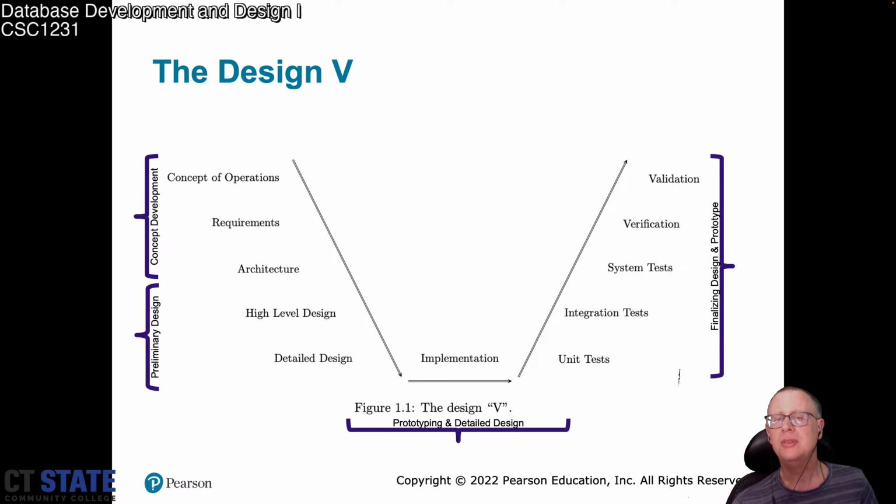Requirements are usually English language explanations of what we're trying to do. And then we might choose the architecture. We might then do a high level design, then a detailed design, then we implement it. Once we think we're starting to finish implementation, we can start testing, and once we start testing, we can work our way up this side.